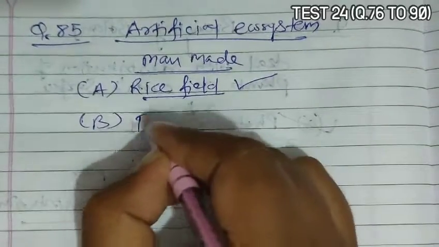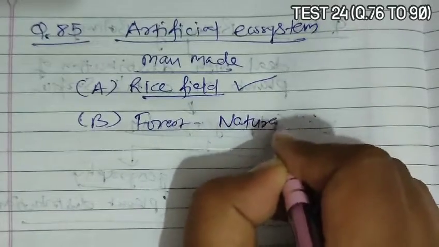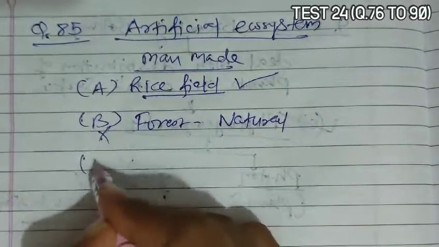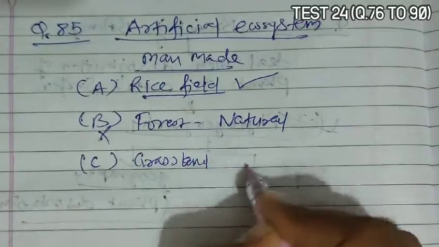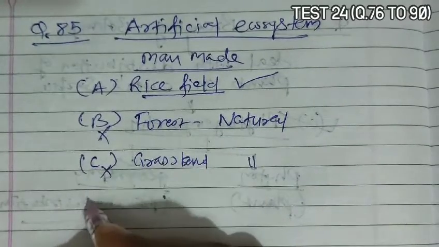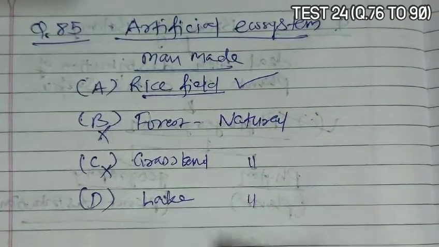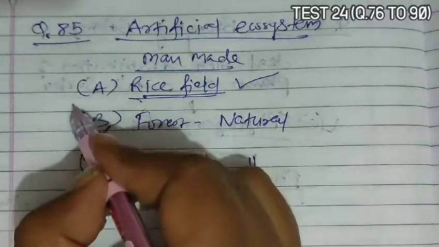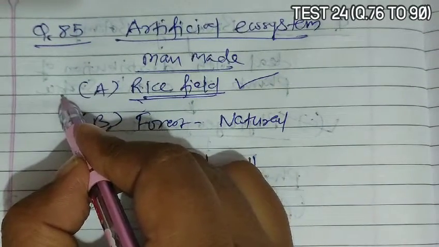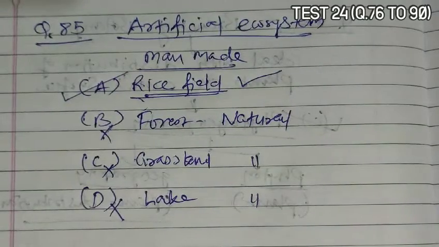Option C, grassland, is also natural. Option D, lake, is also natural. So the rice field, an agricultural ecosystem, makes A the correct answer, which is a man-made ecosystem.